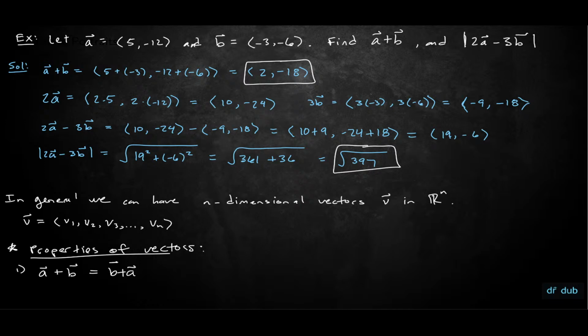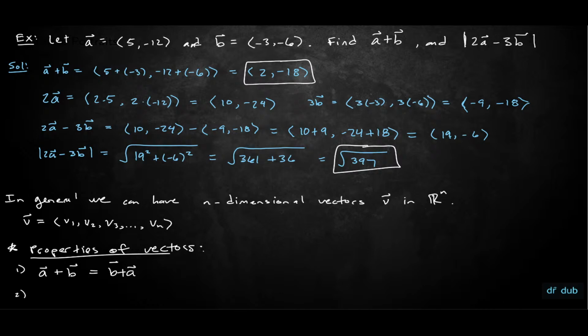We saw that last time with the parallelogram law geometrically. And we can see that it's pretty easy to do with components of vectors as well. So that's what we call the commutative property for addition. Pretty easy to wrap our mind around. Doesn't matter which one you add first, which one you write second.